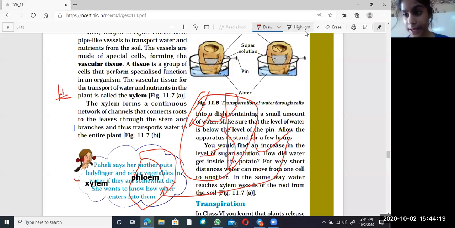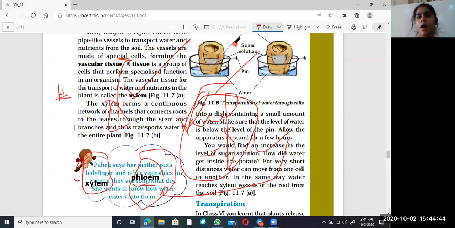I hope it's clear to you till here कि प्लांट में अगर आपको फूड ट्रांसफर करना है from the leaf to the other part, you use the tissue phloem. And अगर प्लांट में रूट से वाटर लेके जाना है other parts, then you will use xylem tissue.